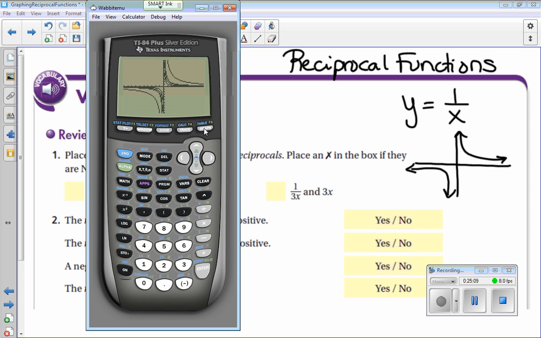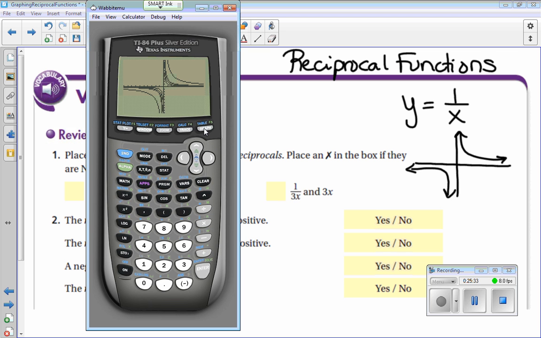It still has these guidelines of the x and y axis. I call them guidelines. The formal word for those is asymptotes, A-S-Y-M-P-T-O-T-E-S.